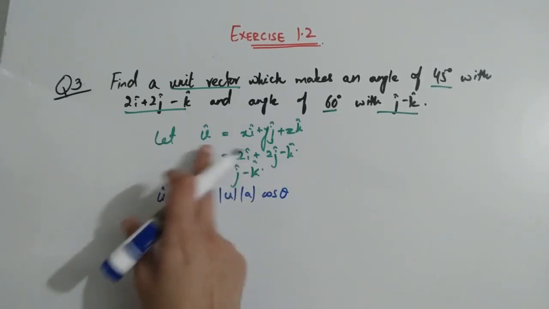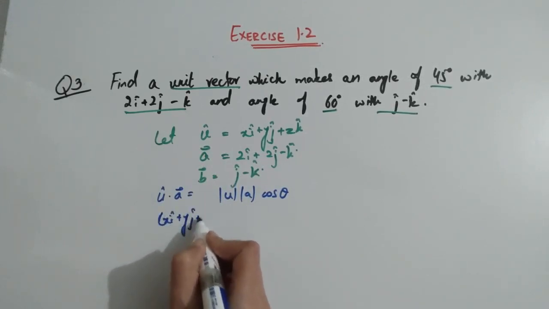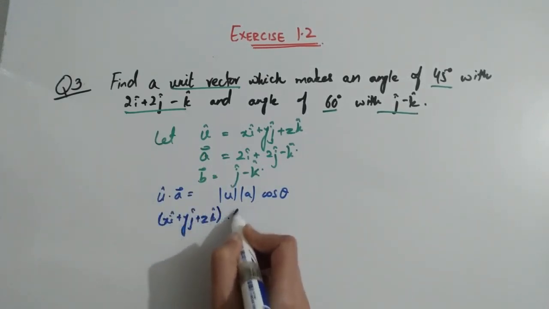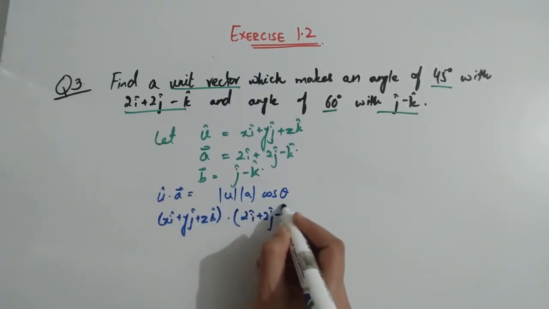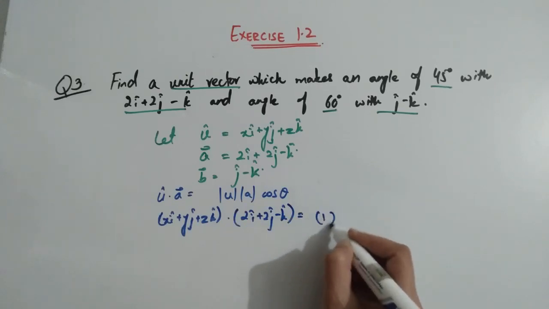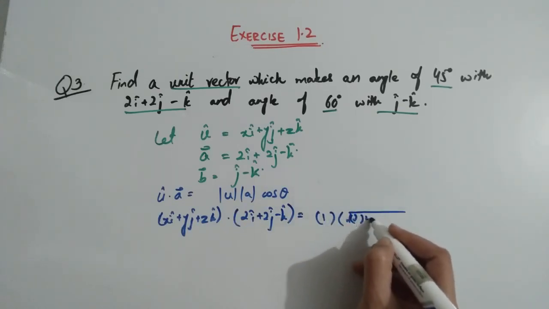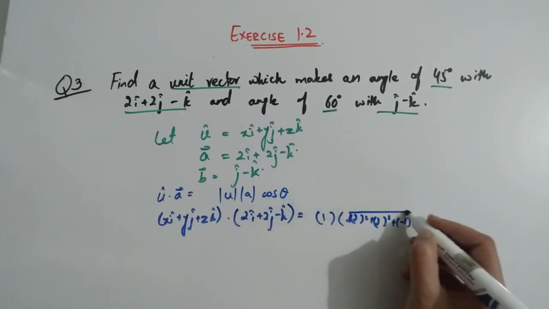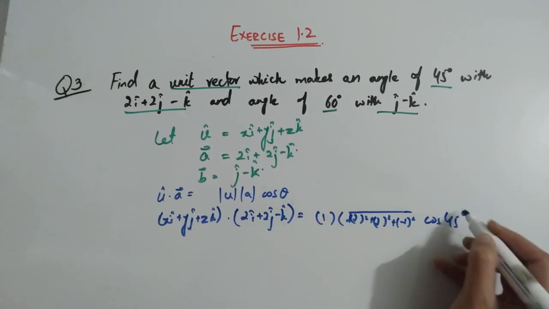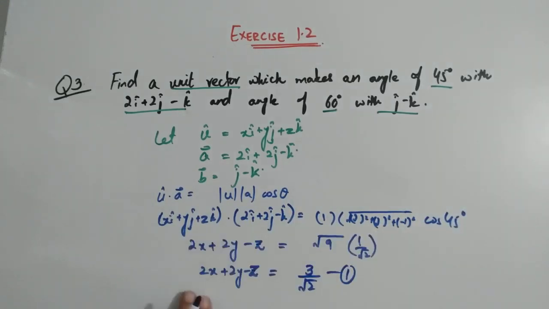What is u? u is xi plus yj plus zk, and taking the dot product with the a vector 2i plus 2j minus k equals u magnitude, which is 1, and a magnitude, which is the square root of 2 square plus 2 square plus minus 1 square, and cos 45 degrees. Now putting the values and solving it, you will get equation number 1, which is 2x plus 2y minus z equal to 3 over square root 2.